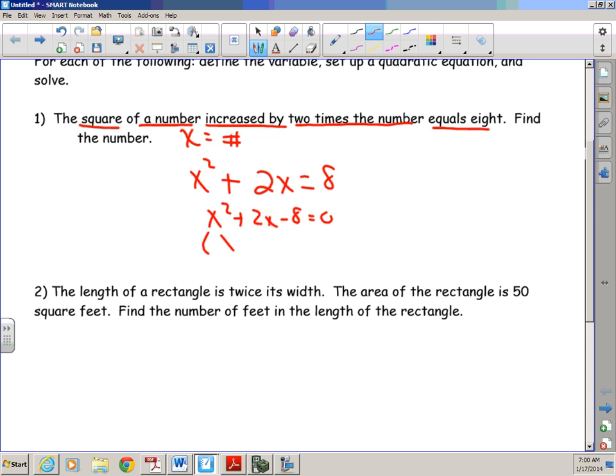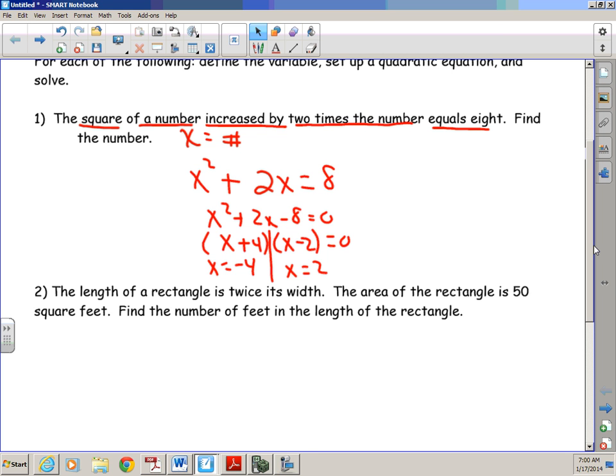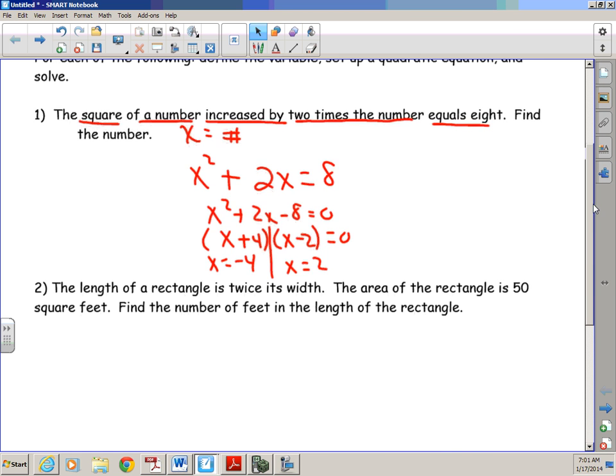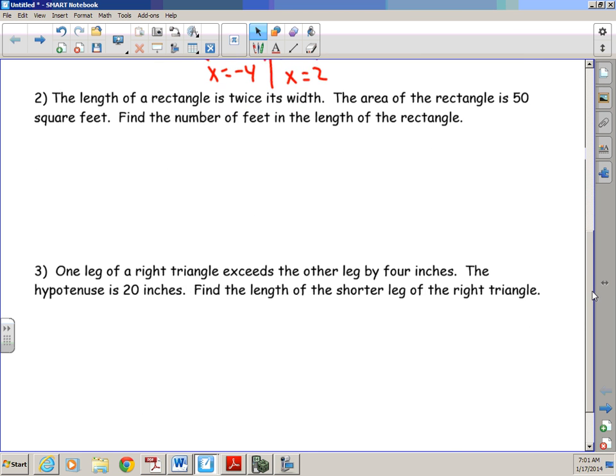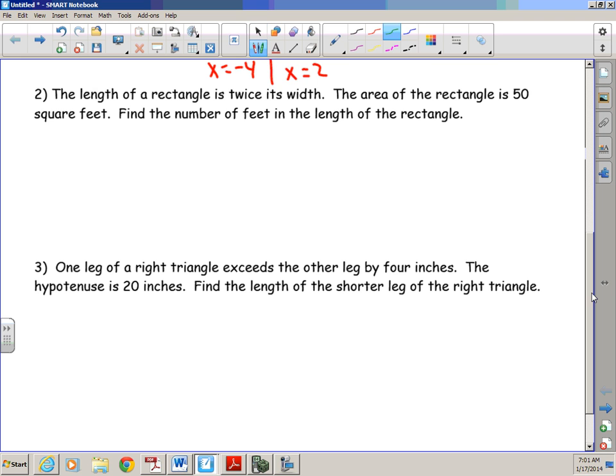Most of these will be able to be factored. So plus 4, minus 2, if I got that right. x is negative 4, and x is 2. Again, you're looking for 2 answers throughout this. And since they're word problems, you always have to go back and make sure that the answers are both acceptable. In this case, you're just looking for a number. You're fine.